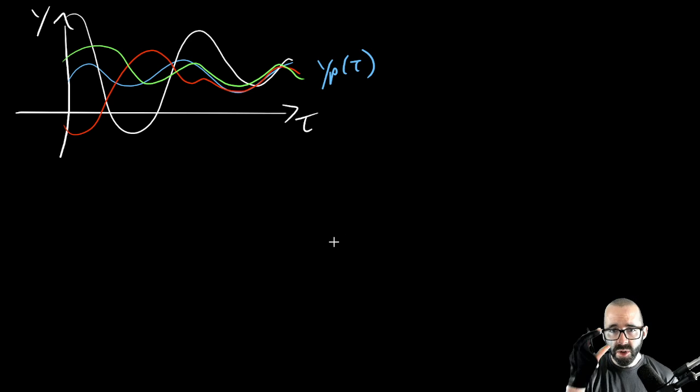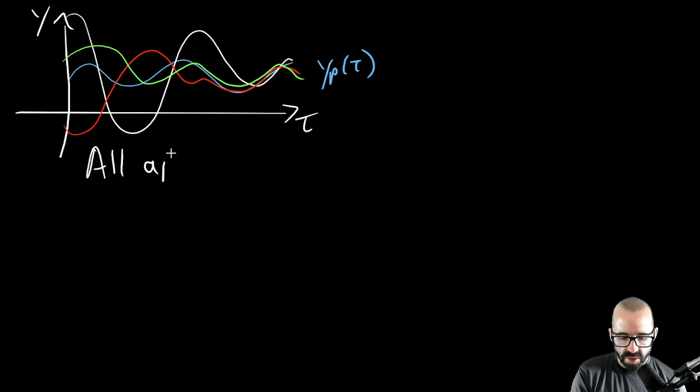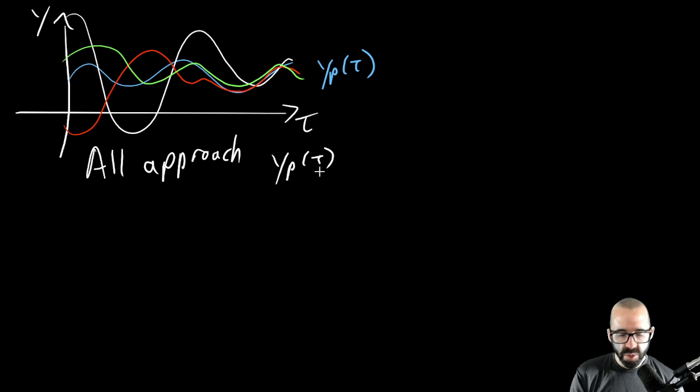And so we can use that to do a lot of analysis. They all approach y p of t. And we'll call that out in the examples in this section. And then there's a couple of vocabulary things that I do want to tell you about for anyone interested in electrical engineering.